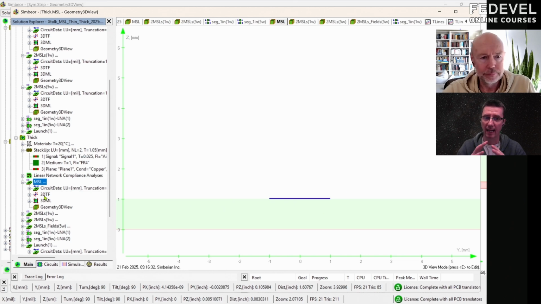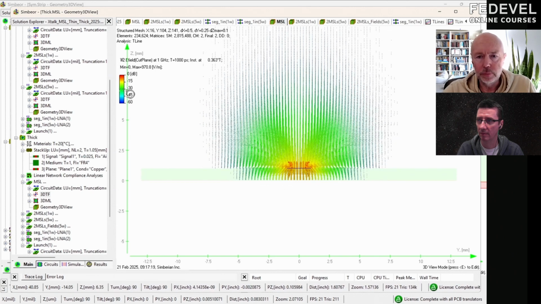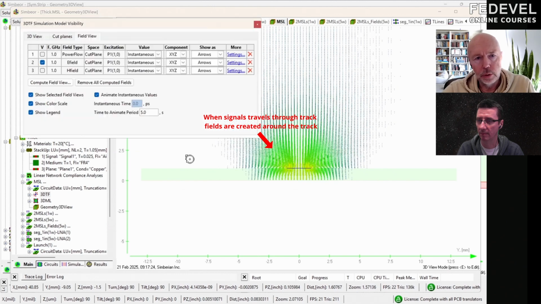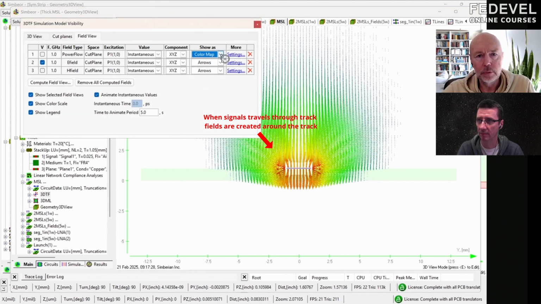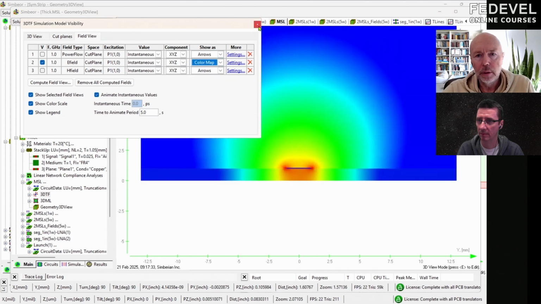So let's have a look at how the fields look when we have the track on the top layer and the reference or ground plane on the bottom of the PCB. Right here, we're looking at the values of fields down to minus 60 dB. We can switch to color map.